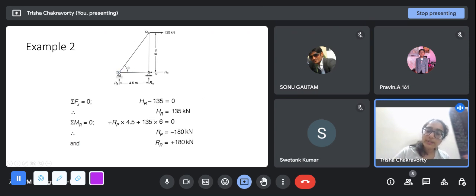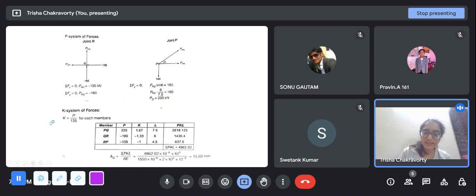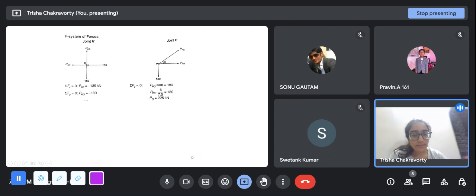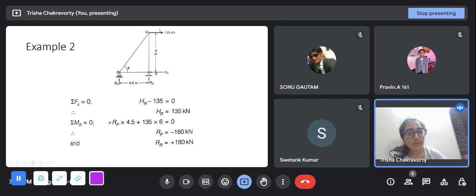So suppose you wanted the horizontal displacement at P, then you would apply a unit load at P here, like 1 kilonewton, remove the 135, and then solve the structure all over again. This is just a shortcut that you can apply in the competitive exams. And so, we get delta Q as a positive quantity. That means that since we had applied the unit load in this direction, Q is being deflected along this direction.